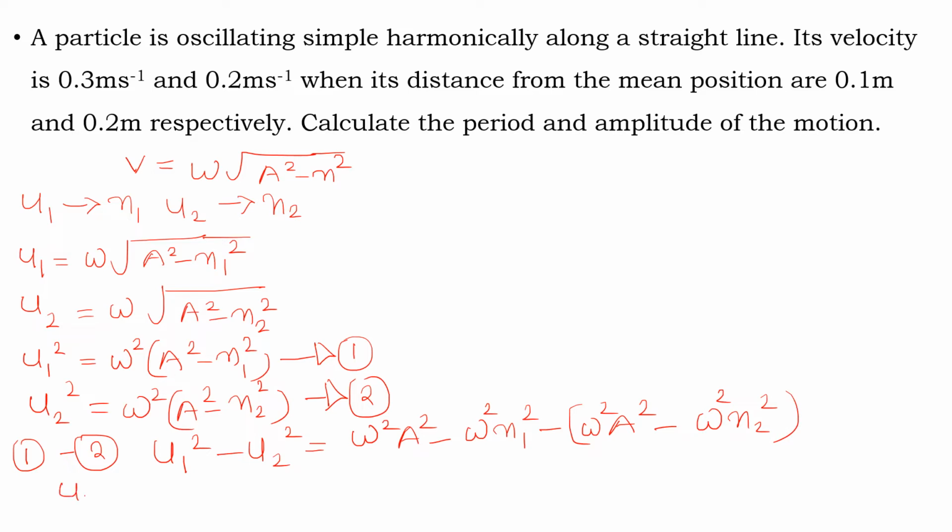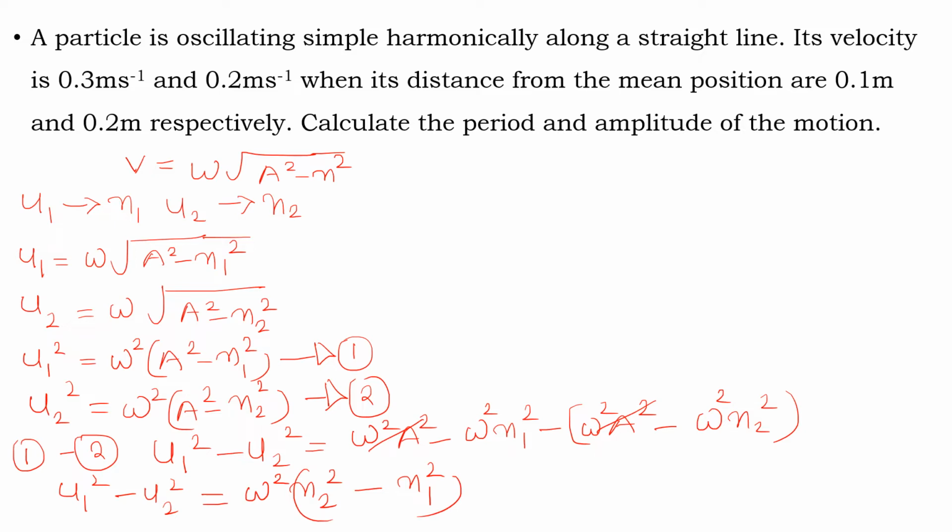That is, u1 square minus u2 square is equal to, and these two terms will cancel each other, and the next term will be minus omega square x1 square plus omega square x2 square. That is, omega square into x2 square minus x1 square.